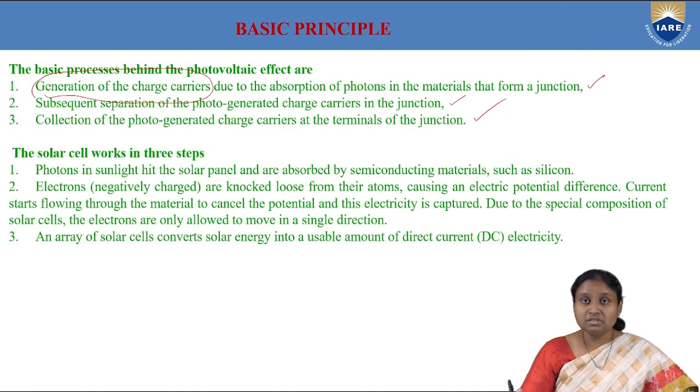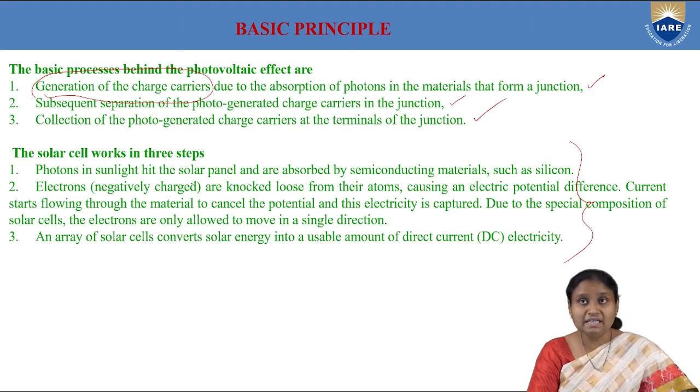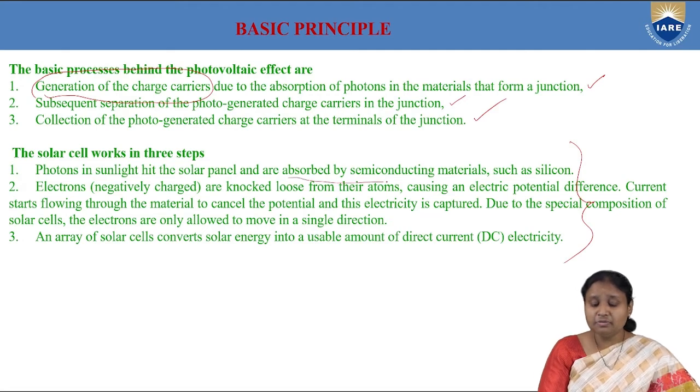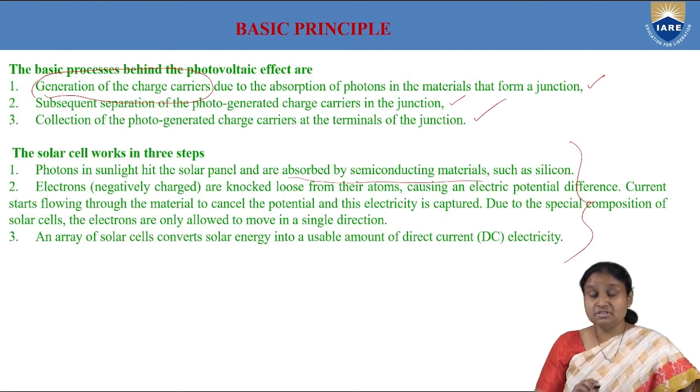That whole process we can understand in these 3 steps. First, photons in sunlight hit the solar panel and are absorbed by semiconducting materials such as silicon. Then what is the second step? This is very important.